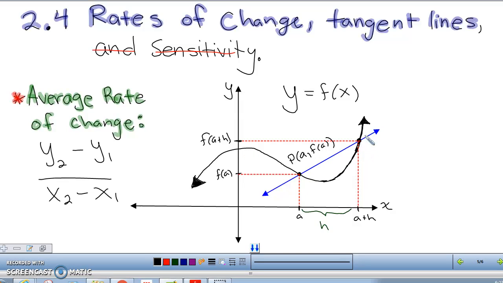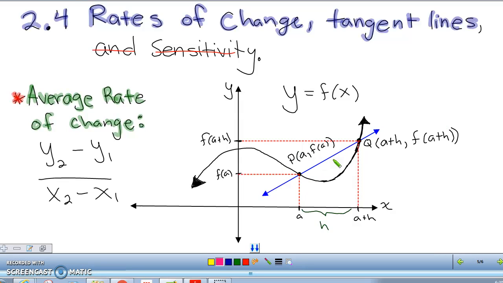If we label this point Q, this point here is a plus h, comma, f of a plus h. So here we have points P and Q that belong to this blue secant line.